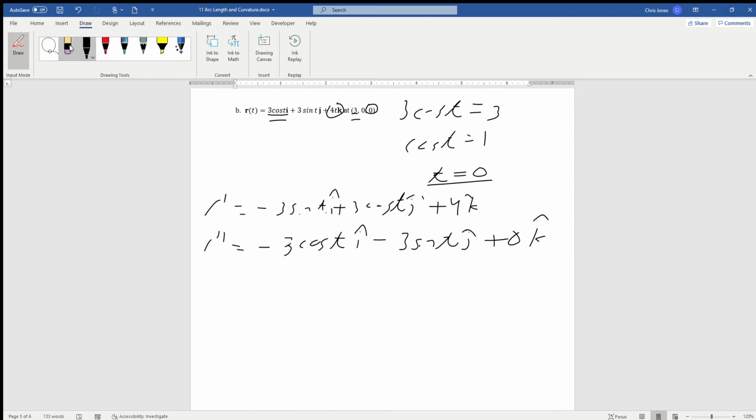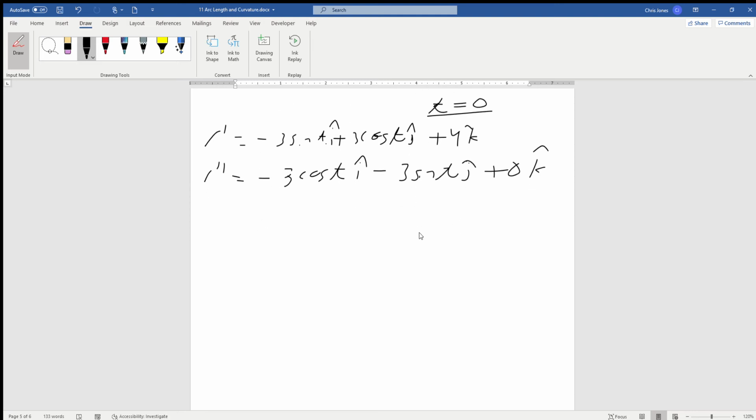Now what we're going to do is set up a determinant for this. When we set up the determinant, we're just going to utilize the cross product, r prime cross r double prime.